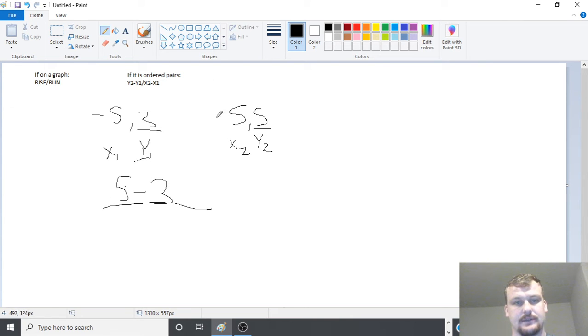Over x2, which is 5, minus x1, which is -5. So now we have 5 minus a -5. So anytime it is minus a negative number, these cancel out and it turns into a positive.